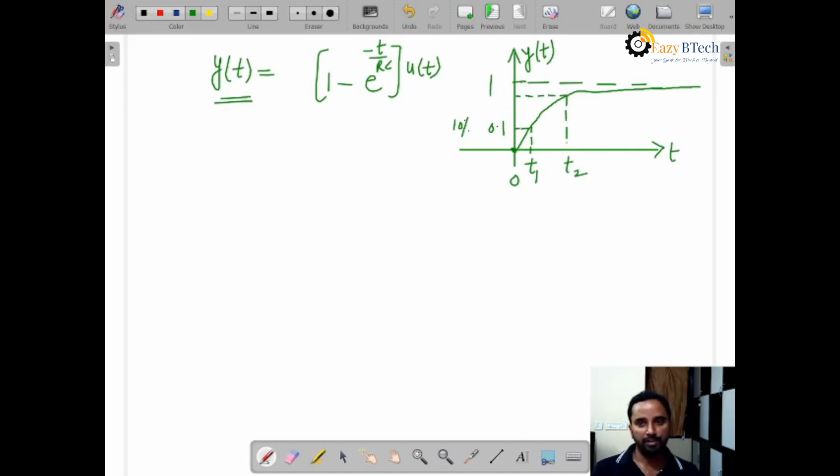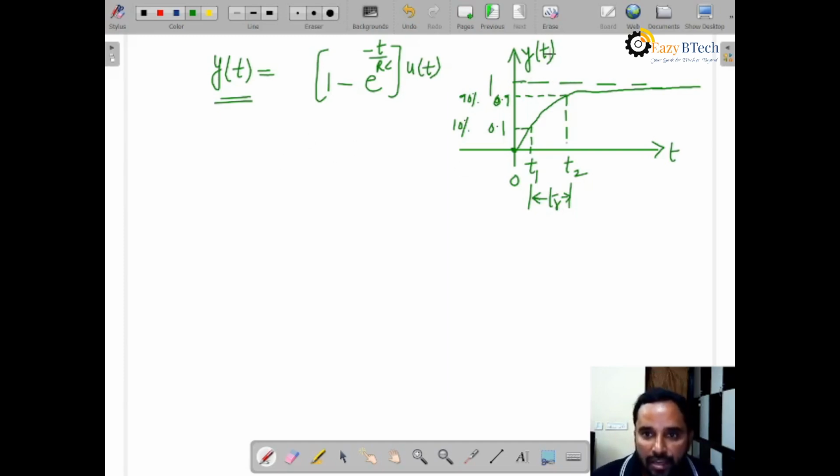What is the final value? At t infinity, y of t is 1, so 1 is the final value. 90% of the final value is 0.9. This interval t1 to t2 is called rise time. We indicate it as t suffix r.